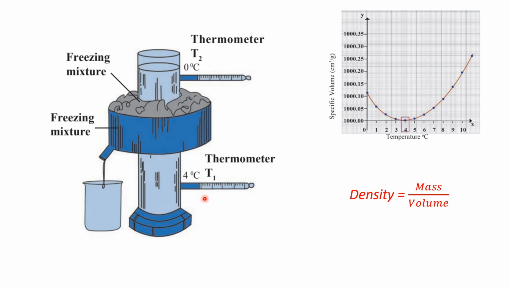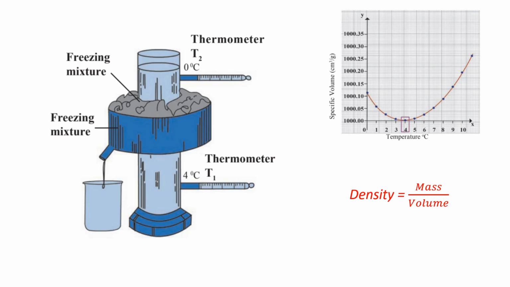But for that particular instant, the water here is at 0 degrees Celsius, and it achieves that temperature first as compared to the water below. You can see in this graph also that at 4 degrees Celsius the volume of the water is the least, and because it is least the density is the highest, and therefore the water becomes more heavy at 4 degrees Celsius. But when it becomes colder, the volume increases, because of which the density decreases, because of which the weight of the water becomes lighter.